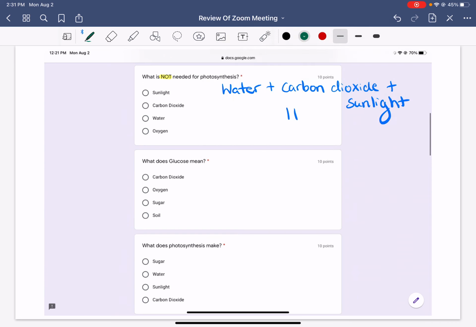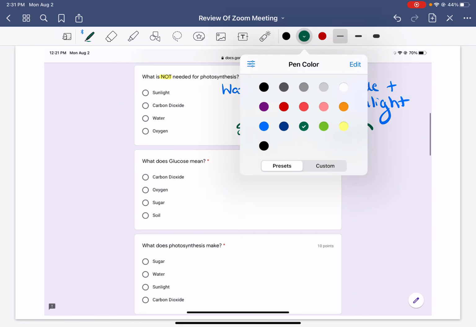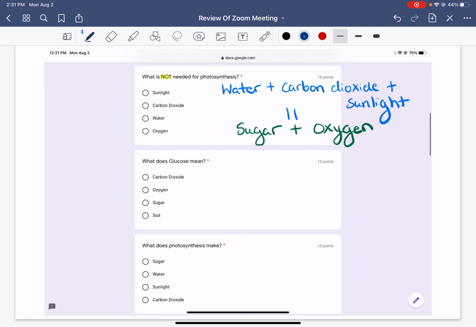We make sugar and oxygen. So, what is not needed for photosynthesis? All right. Sunlight, we need. Carbon dioxide, we need. Water, we need. These three things we need. Oxygen is the only one we don't need. We make oxygen.